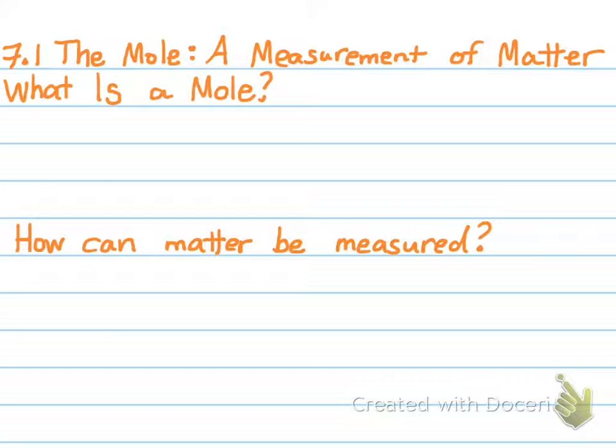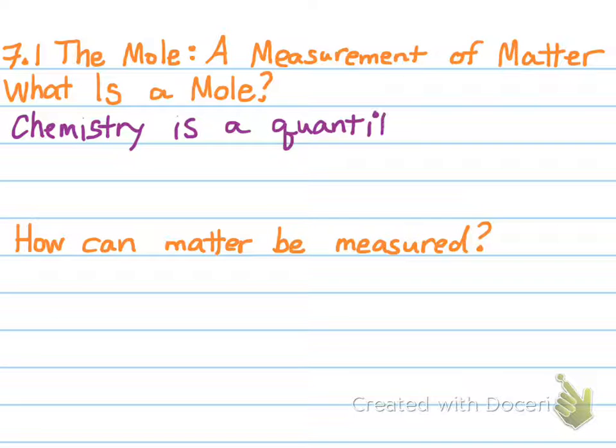Okay, so the mole is a way to measure matter, and we're going to start with what is a mole. Keep in mind that chemistry is a quantitative science. All that means is we use numbers and units in chemistry.